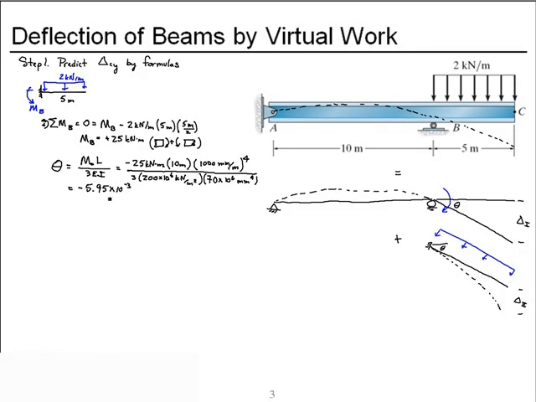But because we're talking about small deflections, that slope is also the rise over run.